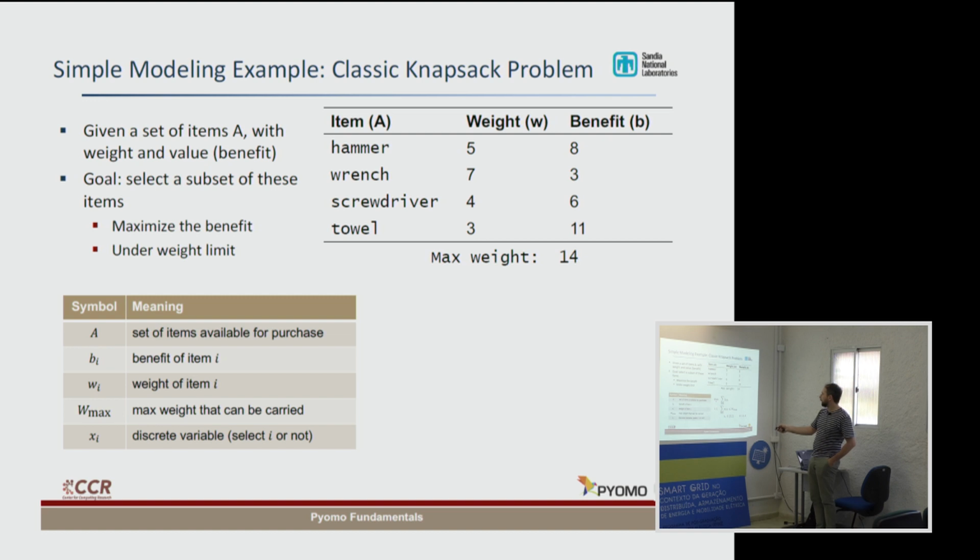And the constraint on the maximal weight is here. The sum of all the weights of all goods must be smaller than W max. That's easy, right? One objective, one constraint, and a variable defined as 0 or 1.